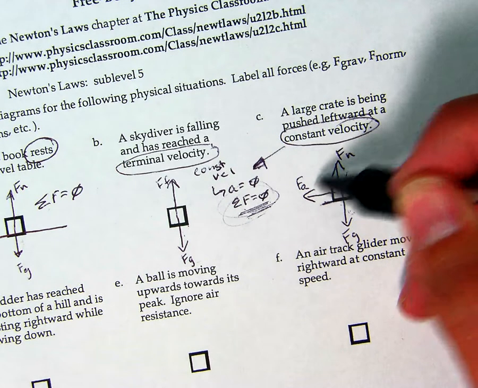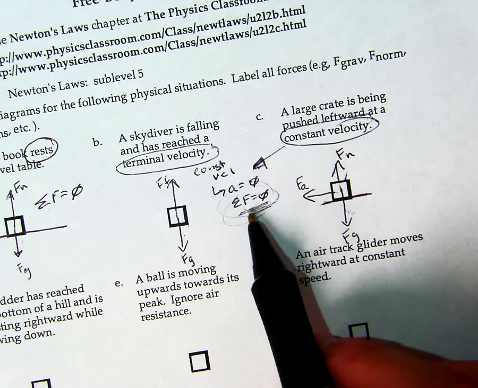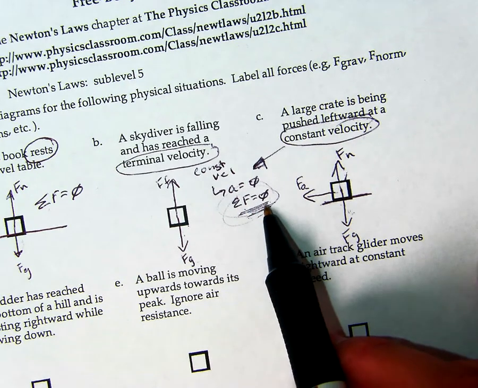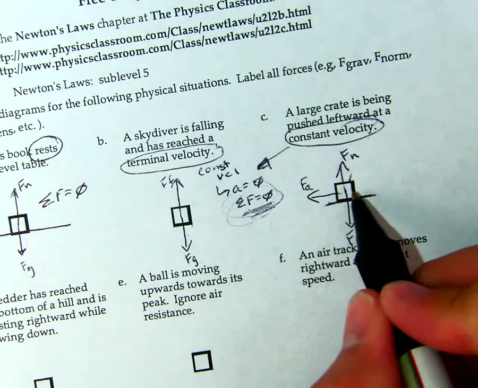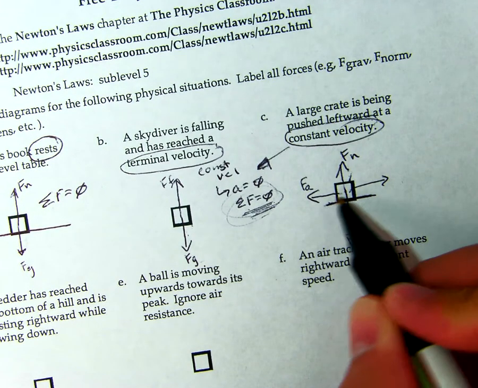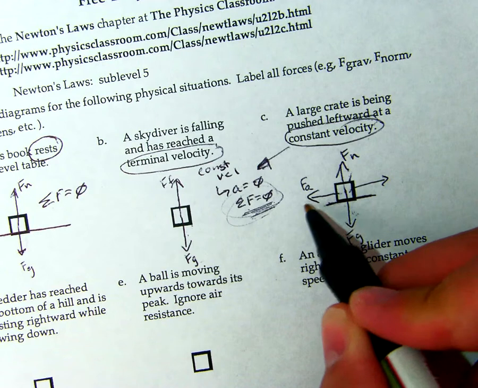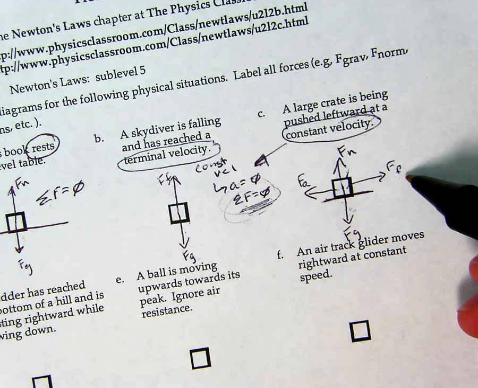So we have an applied force. We said earlier that it has a constant velocity, so the acceleration is 0, and the sum of all forces has to be 0. So that means that we have to add another force here. And what's the force that opposes all motion? Well, if we know that we have motion to the left, the force that opposes all motion is the force of friction.